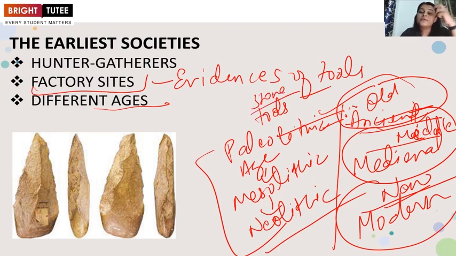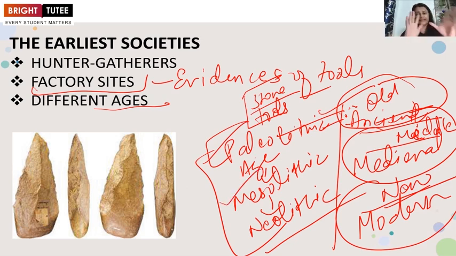Earlier human beings used to make stone tools. In the Paleolithic part, the old one, the stone tools were not that sharp or perfect. So that is the oldest part. In the Mesolithic time, it was better than the Paleolithic one.